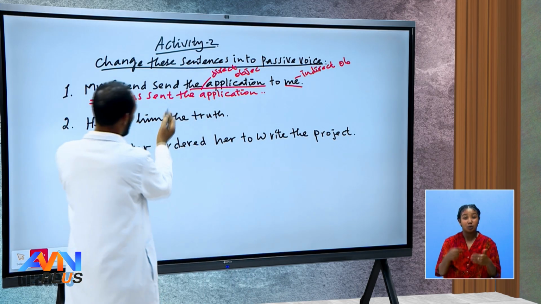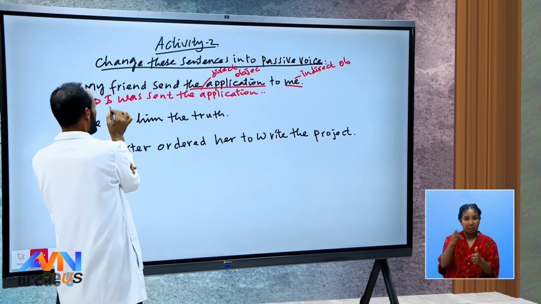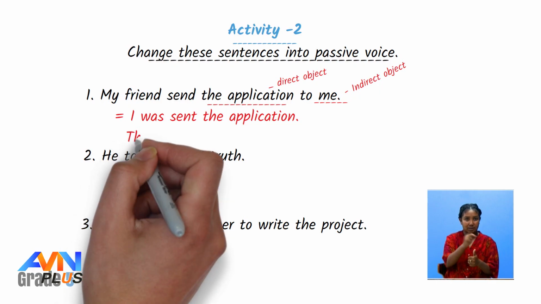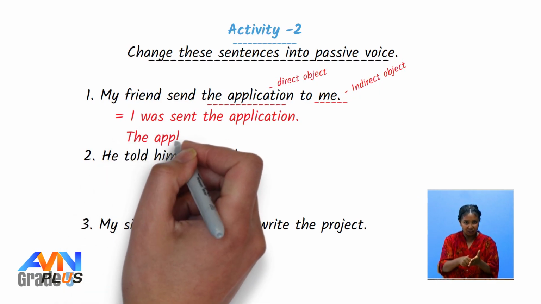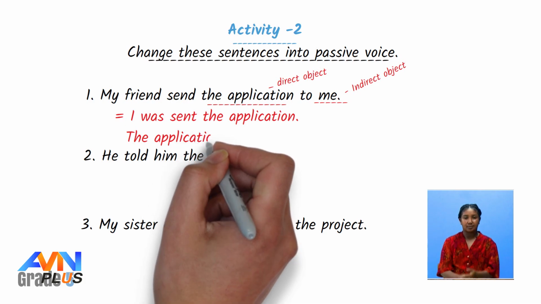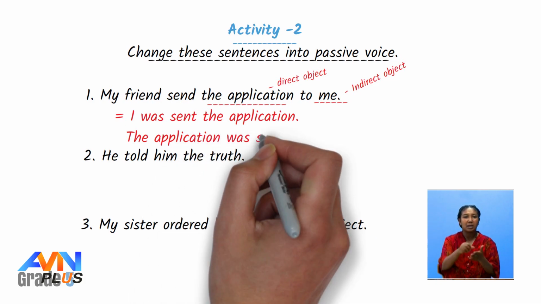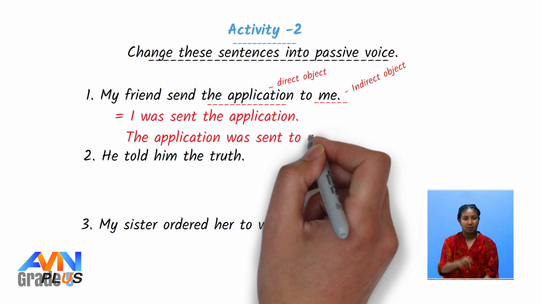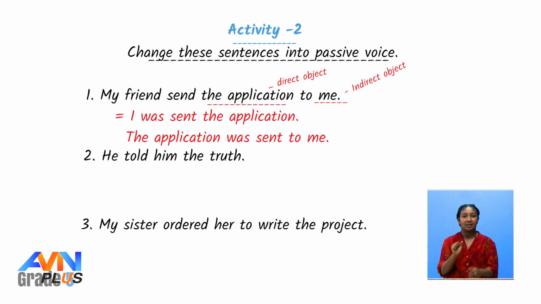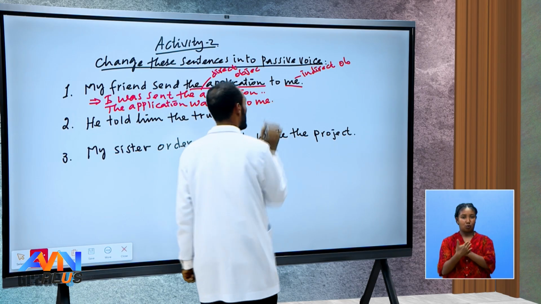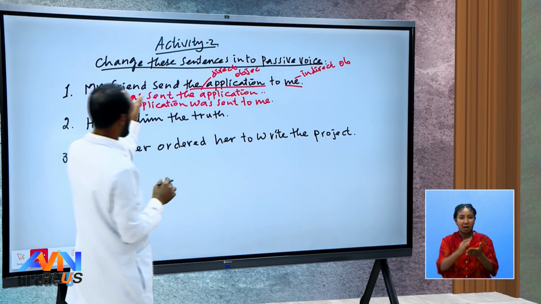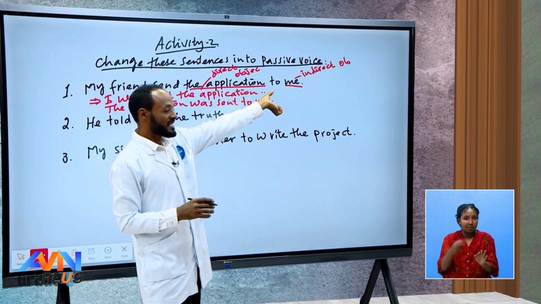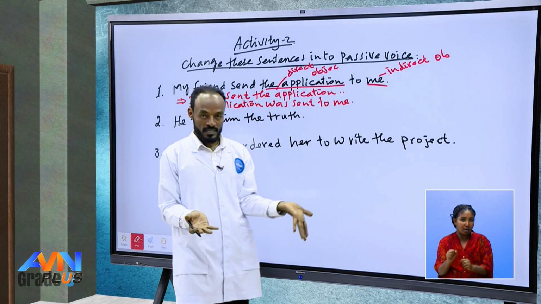So when you want to start from the application, we can say the application was sent to me. Maybe we can write my friend if necessary, because by structure can be used if the subject is very important.